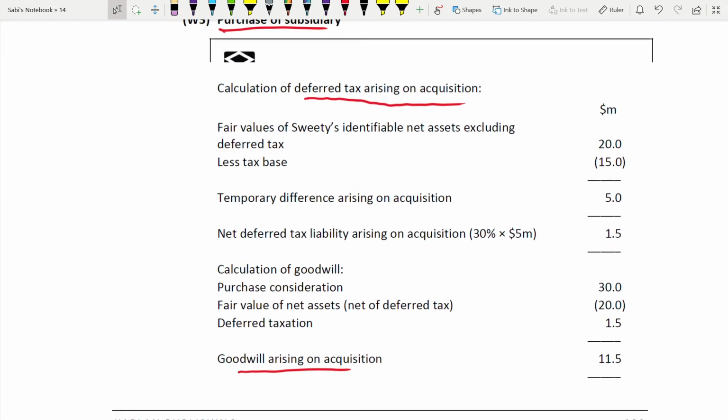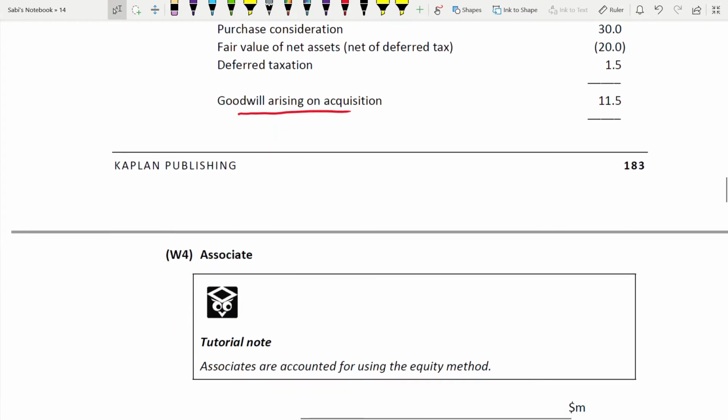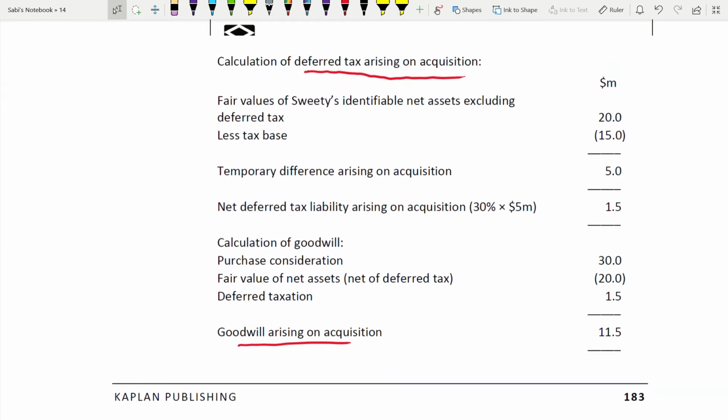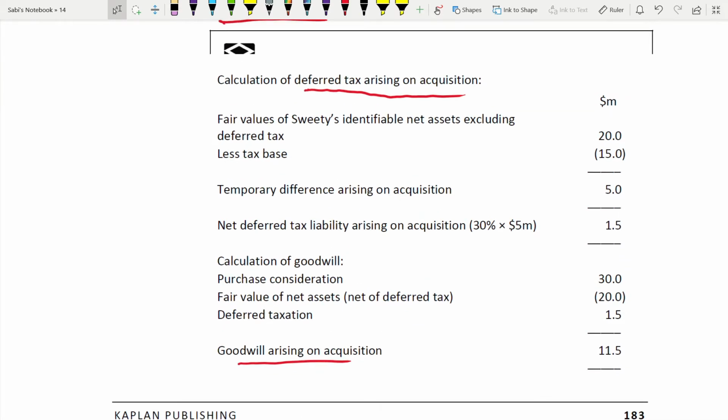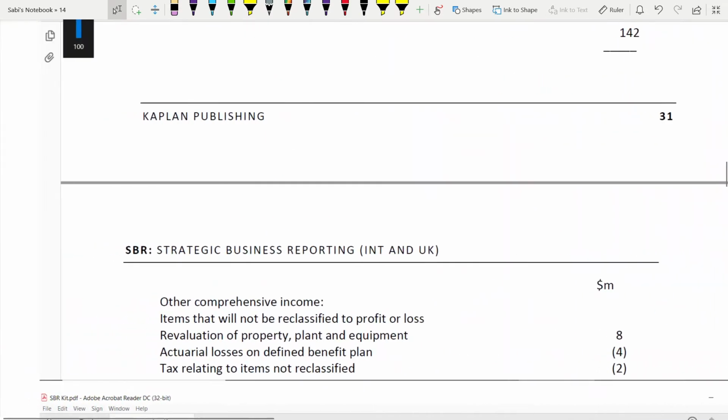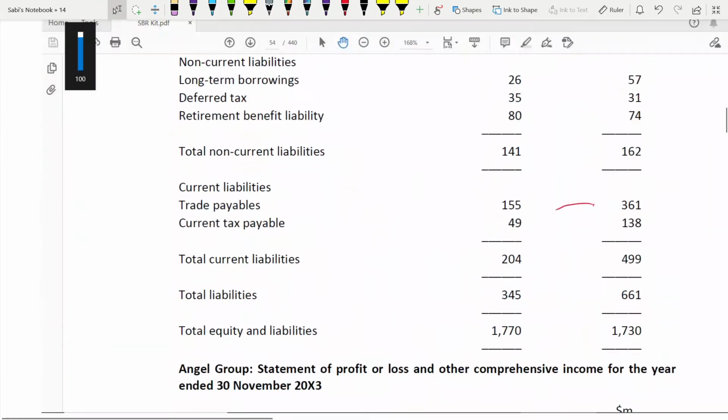It's not given to us. We need to calculate goodwill when we have purchased the subsidiary. So to calculate that goodwill, we need net assets, purchase consideration, and NCI, right? But here they have not mentioned how much the NCI is, so you don't have to worry about it. I'm sorry, I think they have purchased an associate or a subsidiary.